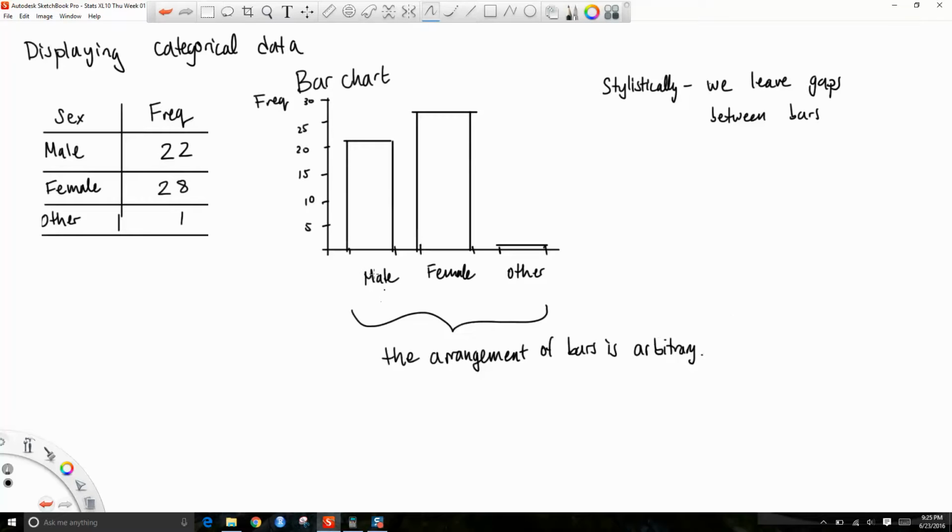Okay, so if we wanted to put the female column first and then the male column, that's totally fine, okay? There's no reason why the bars need to appear in a certain order. If you want to put them in order from greatest to least, also a perfectly valid arrangement. Any arrangement is perfectly fine.